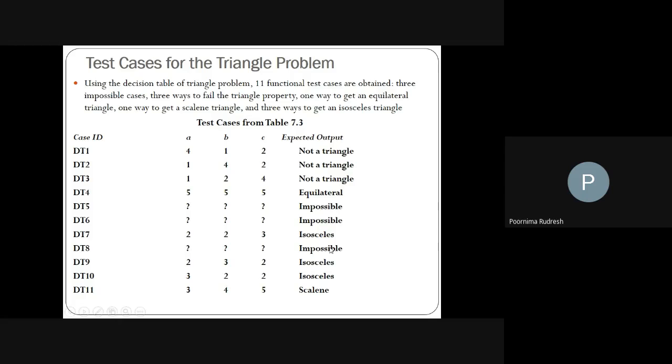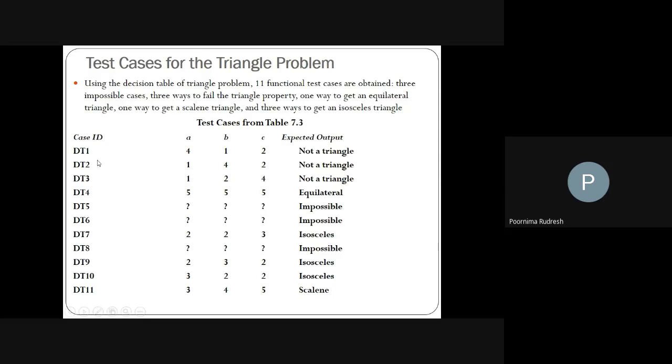So 3 are the impossible cases and 3 are the not a triangle cases, and 3 are the isosceles triangle cases, and 1 is the equilateral and 1 is the scalene. So out of 11, 3 are considered for not a triangle, and 3 are considered for impossible cases, and 3 are considered for isosceles, and 1 is considered for the equilateral, and the other one is considered for the scalene. So these are the test cases defined by using the decision table.